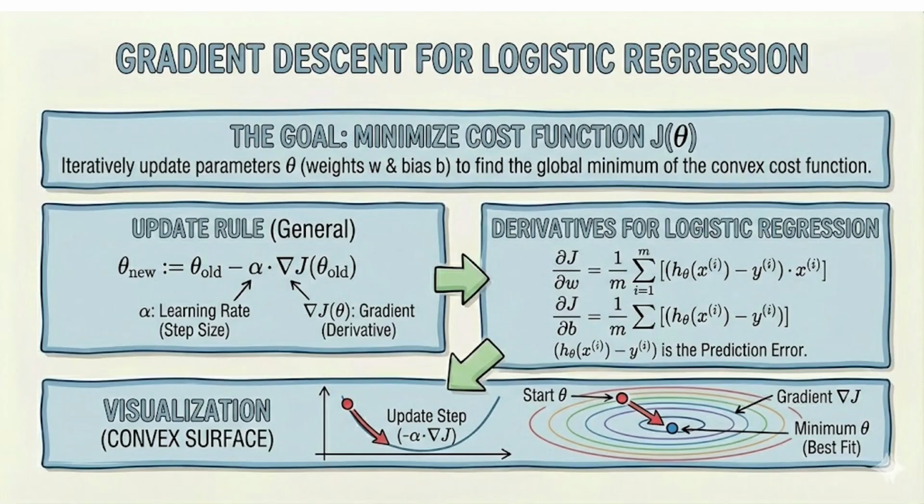Alpha is the learning rate, or step size. It decides how fast or how slow you want to move over the multiple iterations. We calculate the gradient, or derivative, to determine the direction of the steepest descent. Visually, on the convex surface, we are stepping down towards the center. That is our goal.